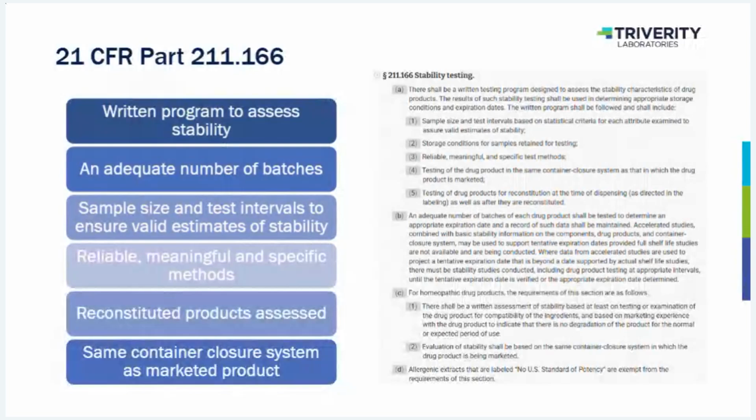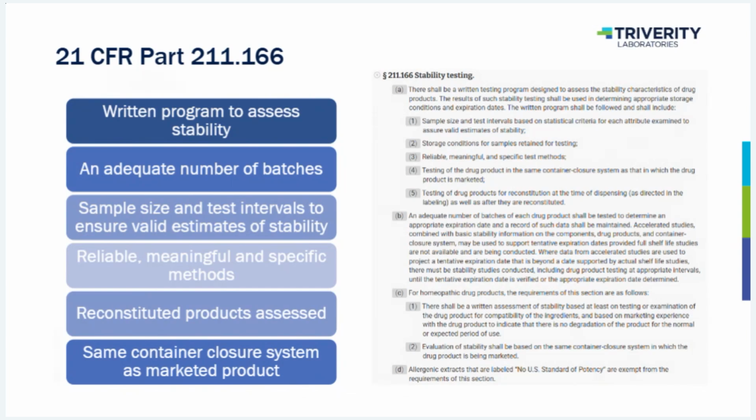21 CFR Part 211.166 states that you need to have a written program to assess stability, that you need to have an adequate number of batches, which for primary stability is typically 3. You need to have adequate sample size and test intervals to ensure that you are adequately estimating your stability and your shelf life.